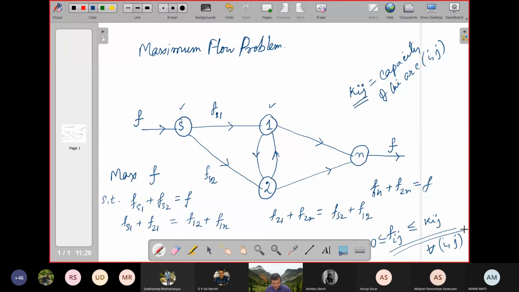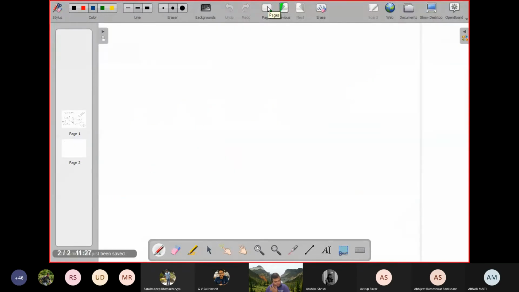That is given by Ford-Fulkerson, which is known as the Ford-Fulkerson algorithm, which we will now discuss. So is it clear up to this point how you can formulate the maximum flow problem as an LP and solve it by using simplex? Yes, sir. Okay. So now we go to the next topic, which is also known as the Ford-Fulkerson algorithm.